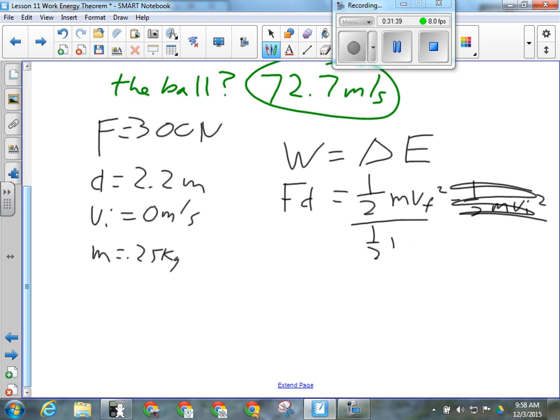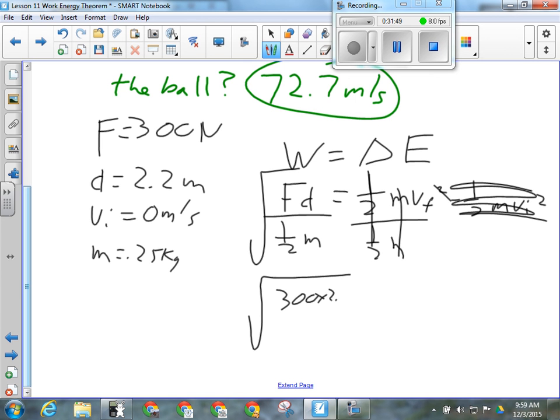Divide it. And then what do I have to do? Square root it. So we will have our 300 times 2.2 over 1/2 times 0.250. All right, and that'll give us our 72.7 meters per second.